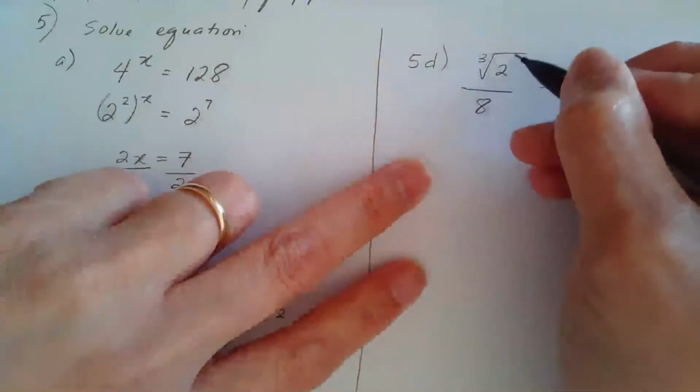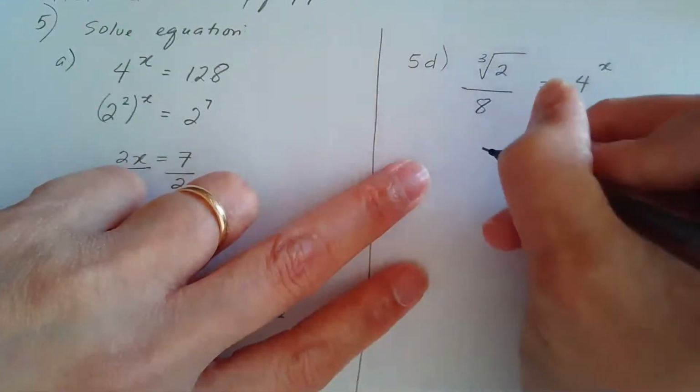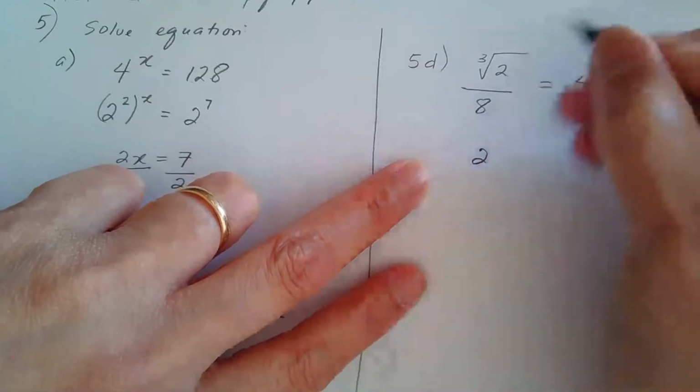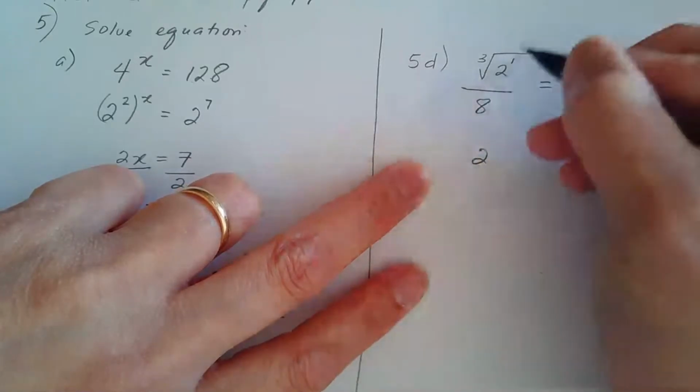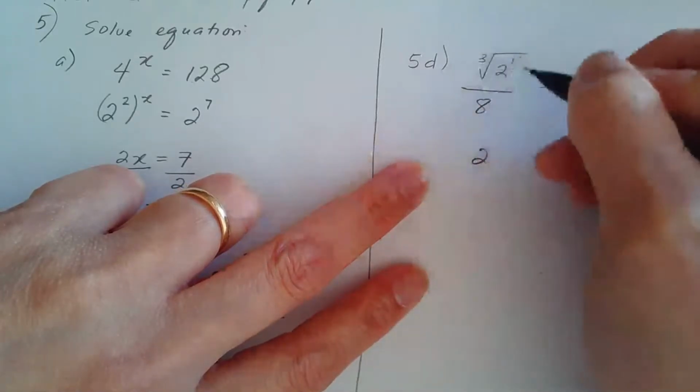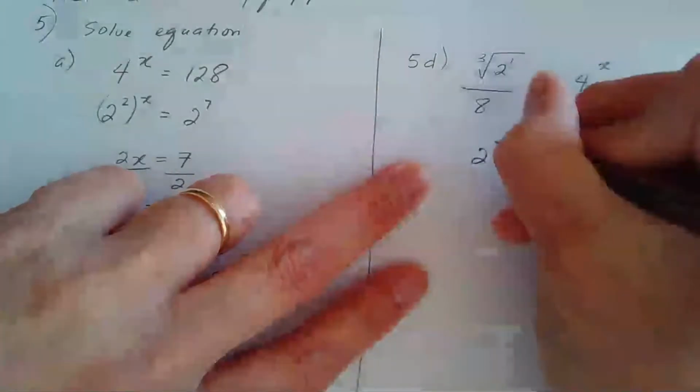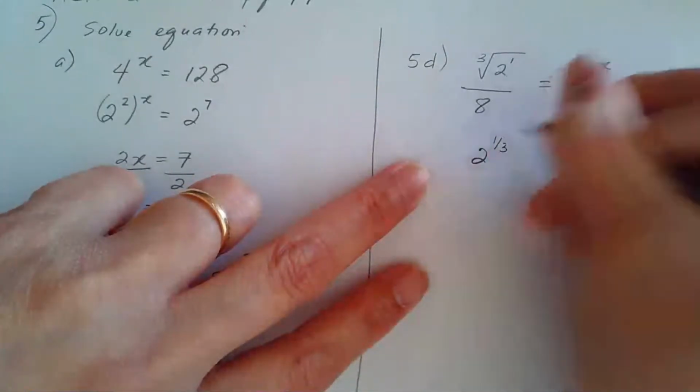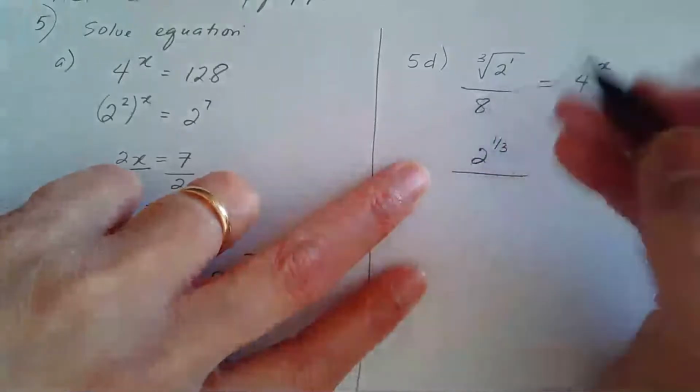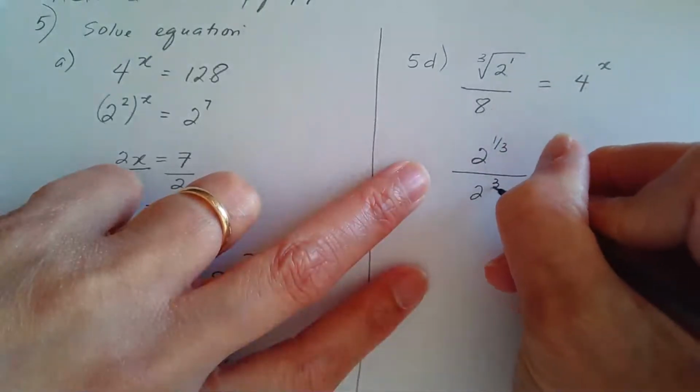So this part in here, that's the same thing as 2, writing it as a rational exponent. So 2 to the 1/3. And then 8 could be 2 cubed.